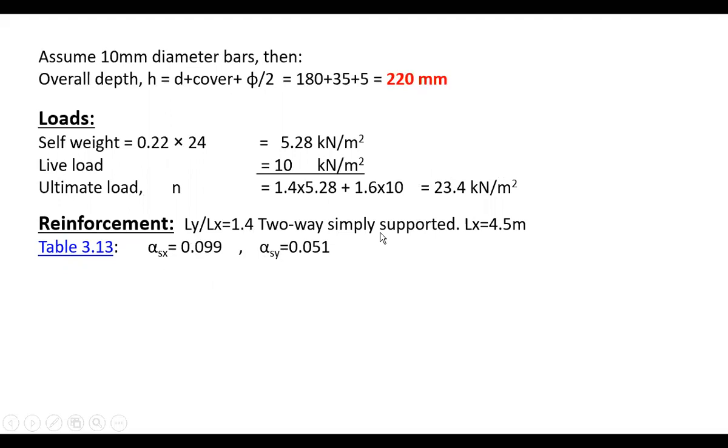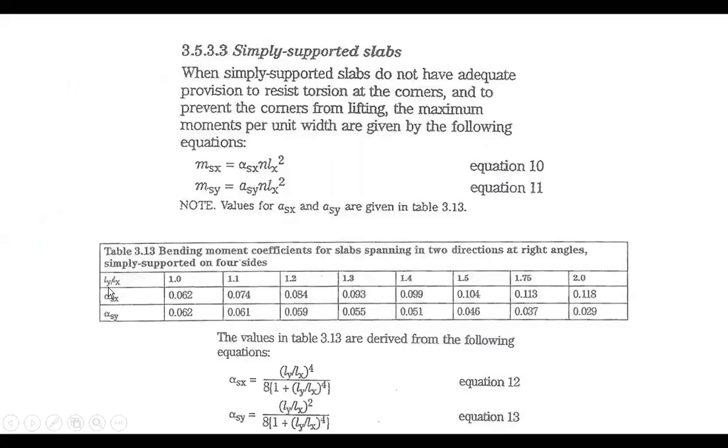And this is two-way simply supported, and the Lx is 4.5 meters. So because it is simply supported here, we have to use table 313. So table 313, and keep in mind that Ly over Lx is 1.4. Let's go and see here. Ly over Lx, and the value is 1.4. So we can get alpha Sx and alpha Sy. Alpha Sx equals 0.099. Alpha Sy, it is 0.051.